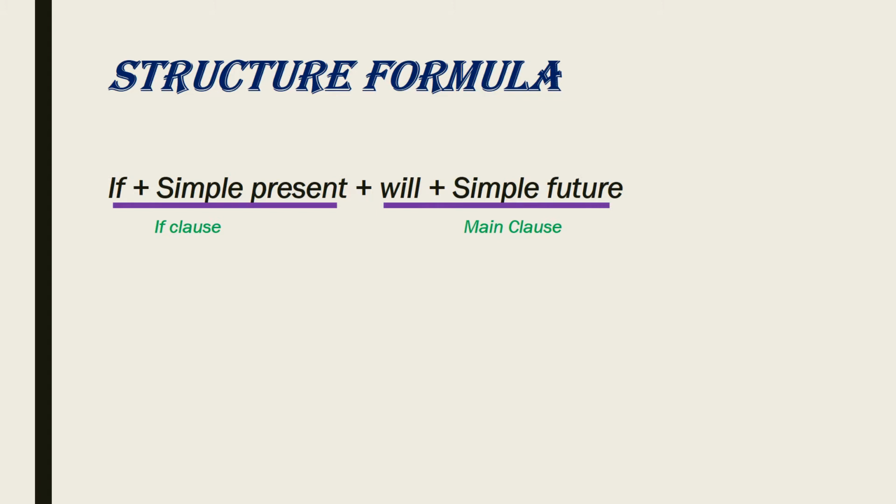These two tenses will be used, present infinitive and future infinitive. So here we have two clauses. The first clause, in which we use if, is called the if clause, or conditional clause. The clause in which the main verb is used is called the main clause, also the result clause. Here we just put the condition, and in the main clause we see the result of this condition. So this is the formula for type 1.